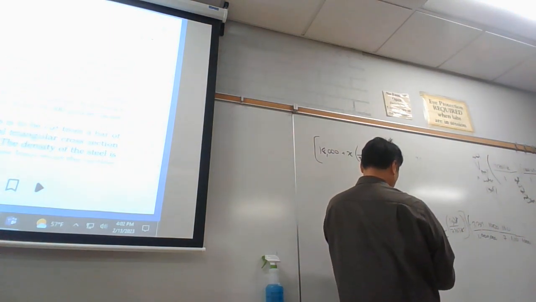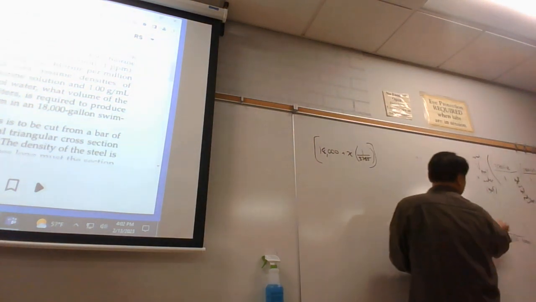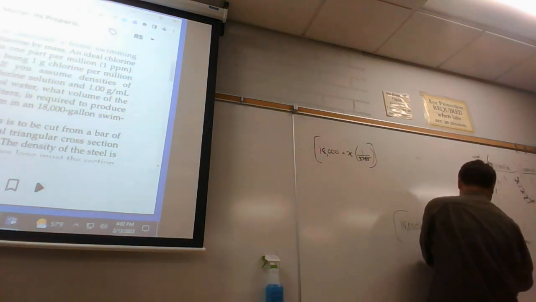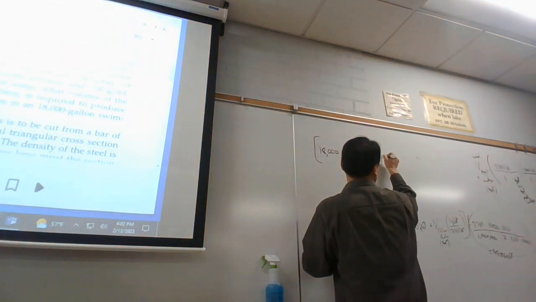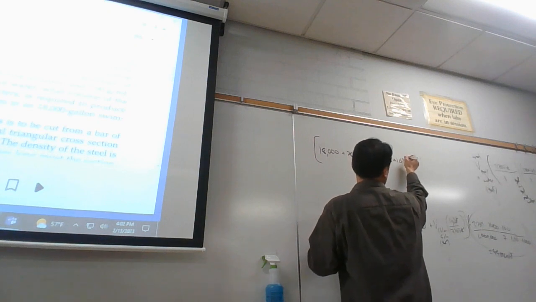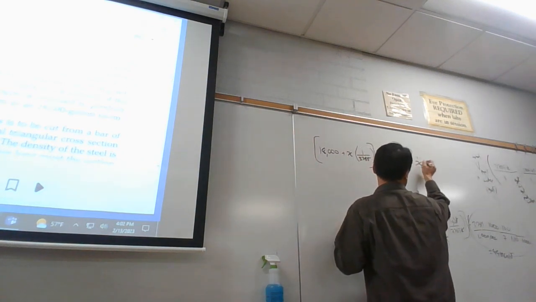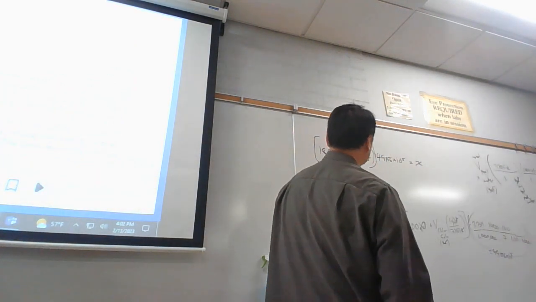Which comes out to 4.9156 times 10 to the minus 5. And so this times 4.9156 times 10 to the minus 5 is equal to X.